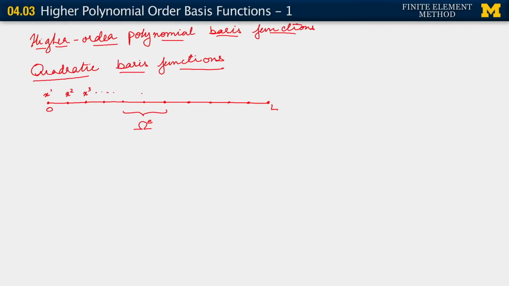So if this is omega e, if you just follow the numbering system, what you will see is that the global node numbers here are x2e minus 1, x2e, x2e plus 1. It continues and essentially ends with x twice NEL for number of elements plus 1. Okay, that's the global number of the last node. All right, so this is the setting we have.